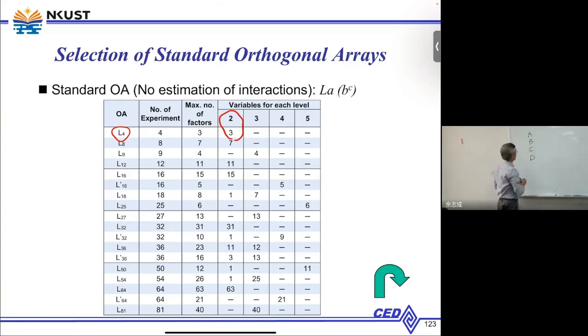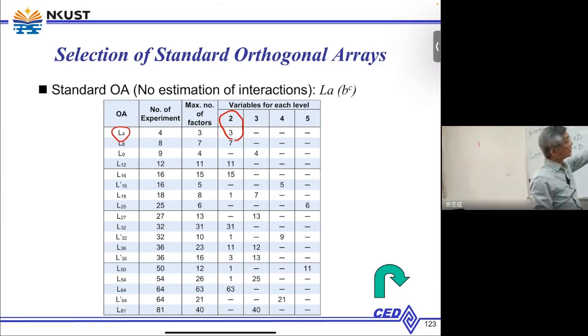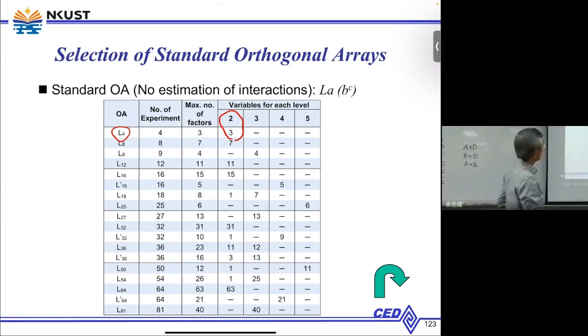In this problem, we have 6 three-level factors. We need to analyze 6 three-level factors and 3 interactions. This is what the question tells us to do. So we first look at the standard orthogonal arrays, and we need to find the orthogonal array that can be used for 3-level factors.